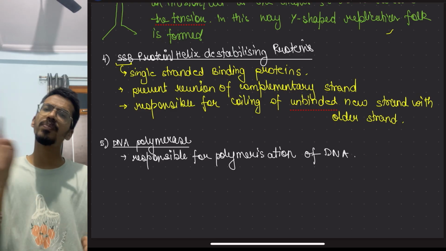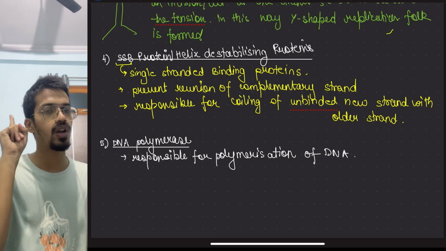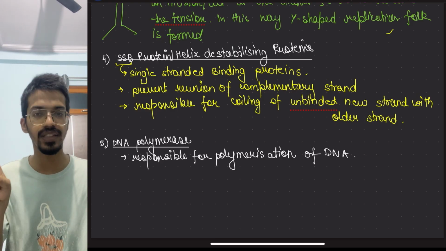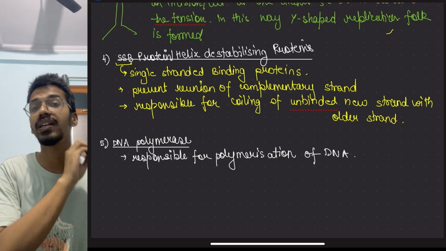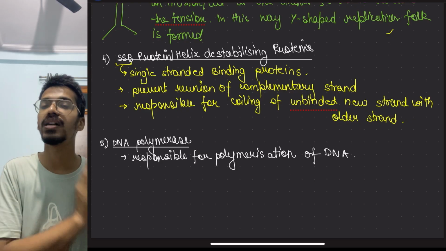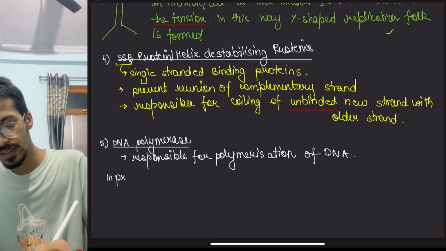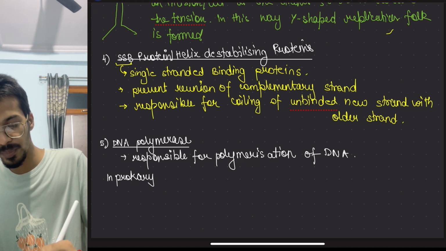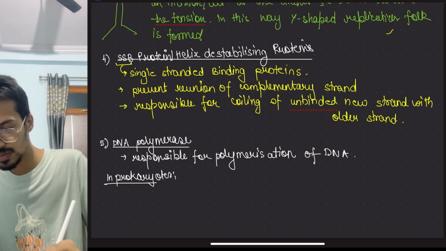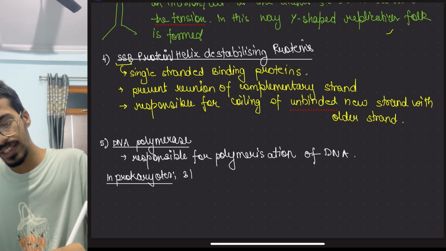Now in prokaryotes, three of them are present, DNA polymerase 1, 2 and 3, whereas in eukaryotes there are five: alpha, beta, gamma, delta, epsilon. So in prokaryotes three types are present.